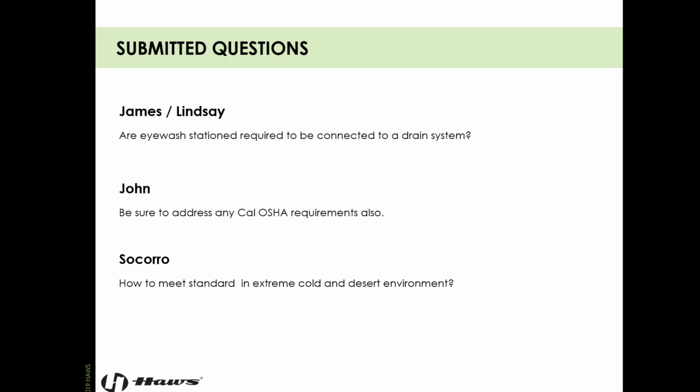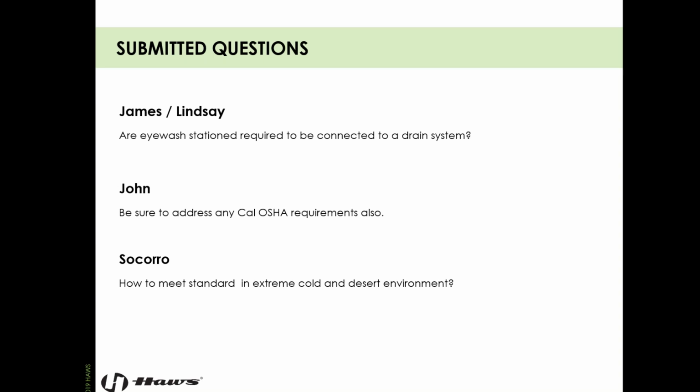So for James and Lindsay, are eyewash stations required to be connected to a drain system? They are not. There's nothing in the ANSI standard Z358.1 or in any similar ANSI standard that requires a drain at emergency equipment. You'll definitely want to look at your local building code, and it's obviously a good idea, having a drain right next to something that's going to dump 360 gallons of water in your facility during an emergency would be ideal.